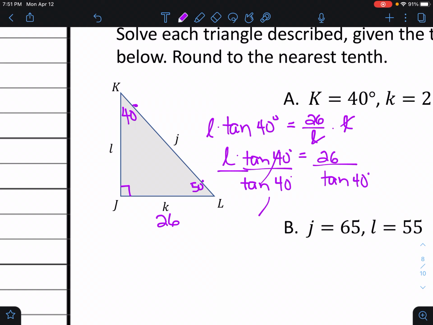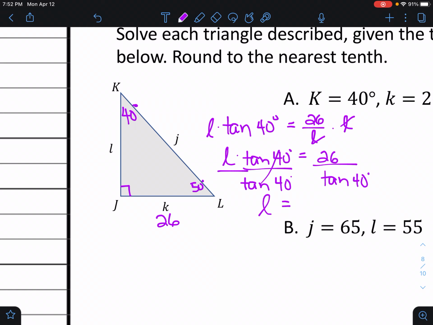So L is equal to 26 divided by tangent 40. And we get 30.98, and since it says to round to the nearest tenth, that would end up being 31.0. So L is 31.0, and I'm going to write that in here.